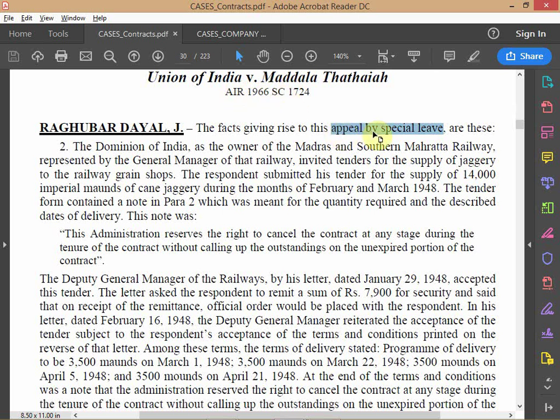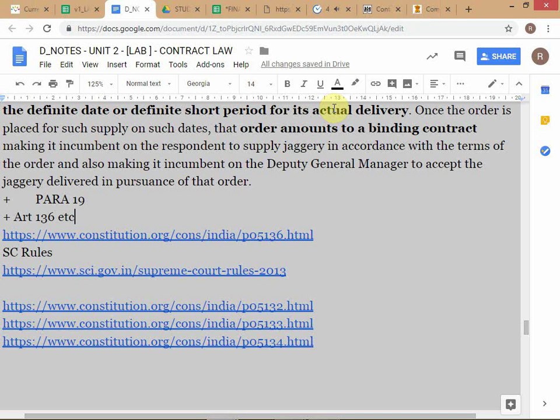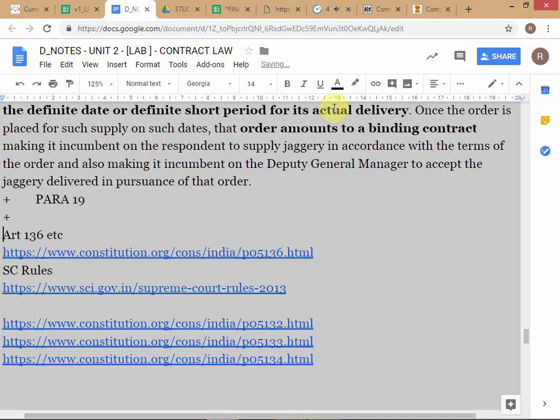Another clue that this is a Supreme Court case is this expression, appeal by special leave. All right, this takes us into learning a little bit about the different ways in which you can appeal from lower court judgments, and we'll just focus on the judgments of the High Court.